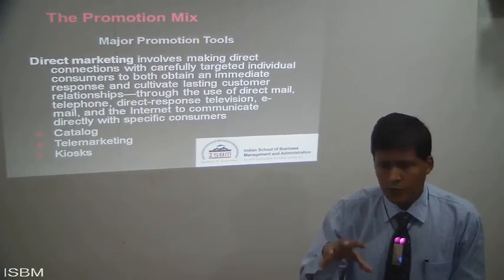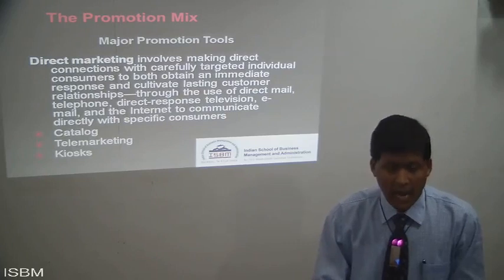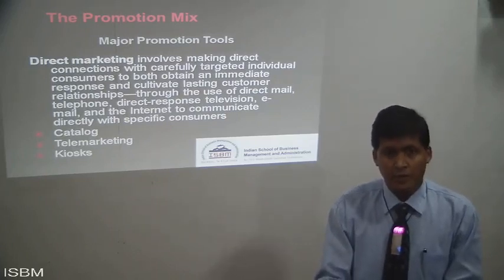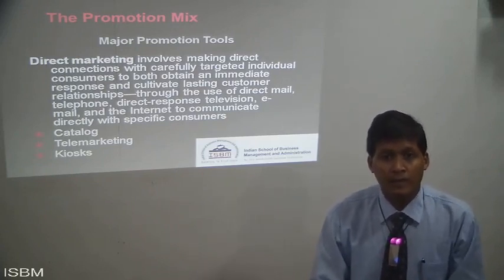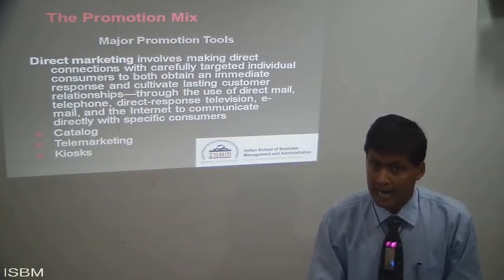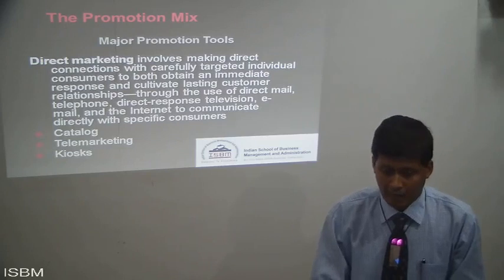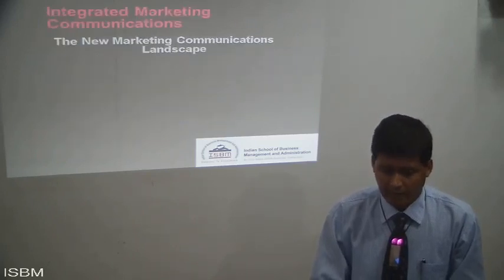So the kiosk is a small bank in itself, and ICICI was the first one to introduce this kiosk, where queries could also be addressed with the end customer as well. So these are all part of direct marketing.